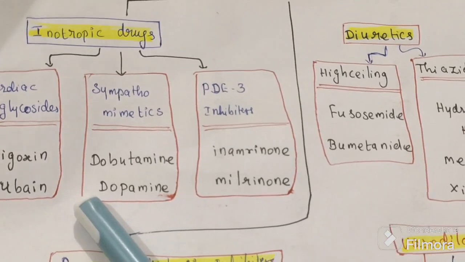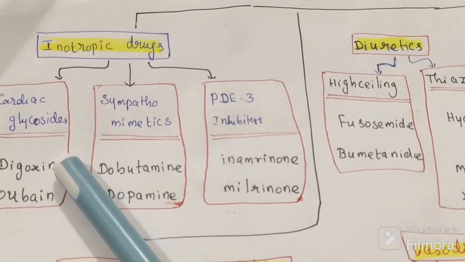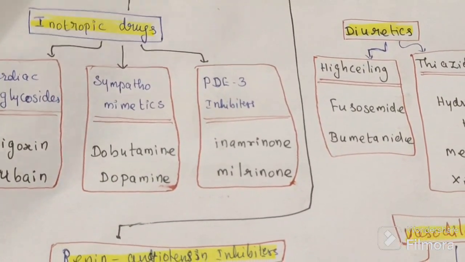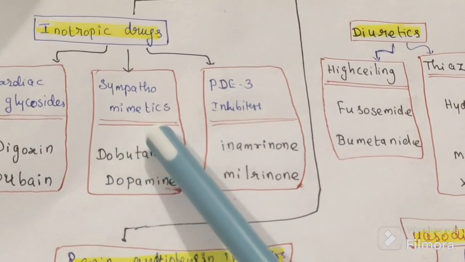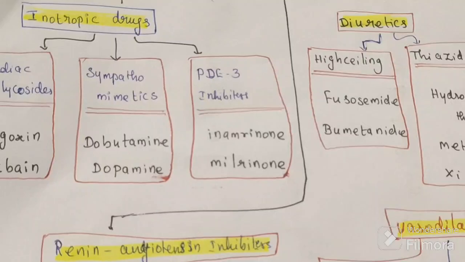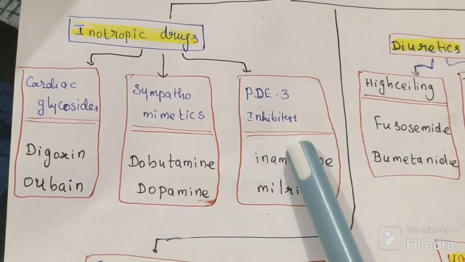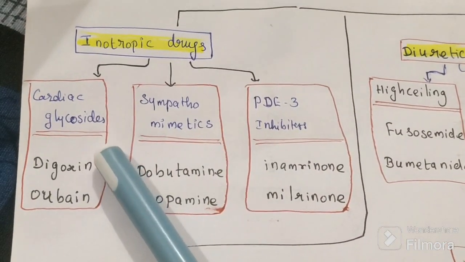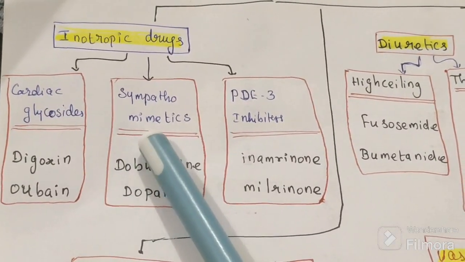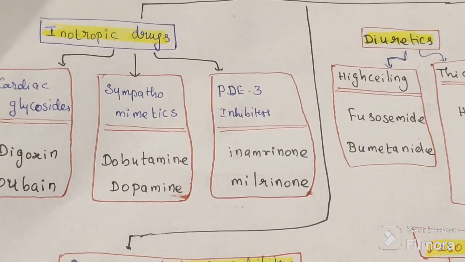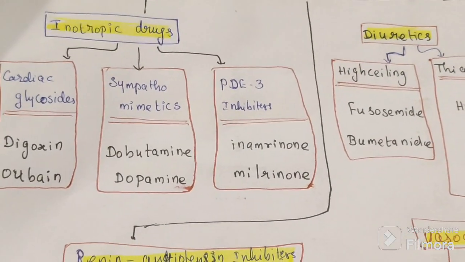One is cardiac glycosides, second is sympathomimetics, then phosphodiesterase enzyme 3 inhibitors. These are the three. We want to discuss these drugs' mechanism of action.